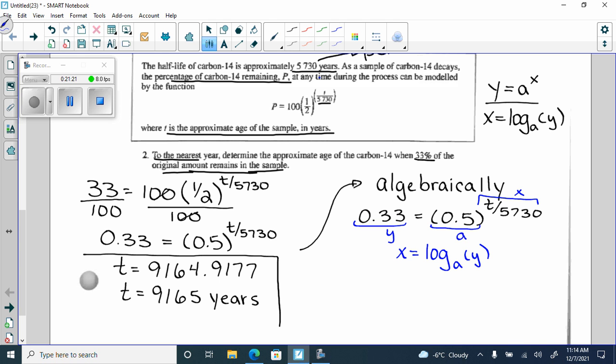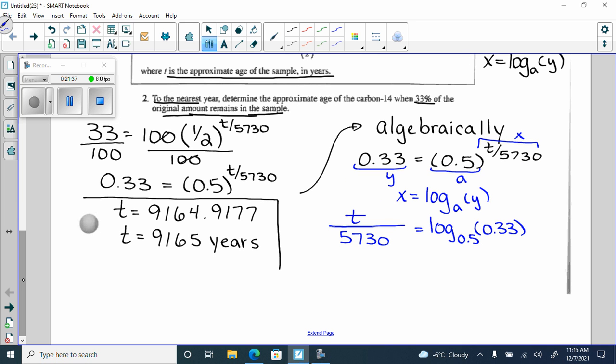So I'm going to get t over 5,730 equals log base 0.5, and then beside my log I was putting it in a bracket, 0.33. What am I going to have to do to get t by itself? Multiply by? Yeah, 5,730.